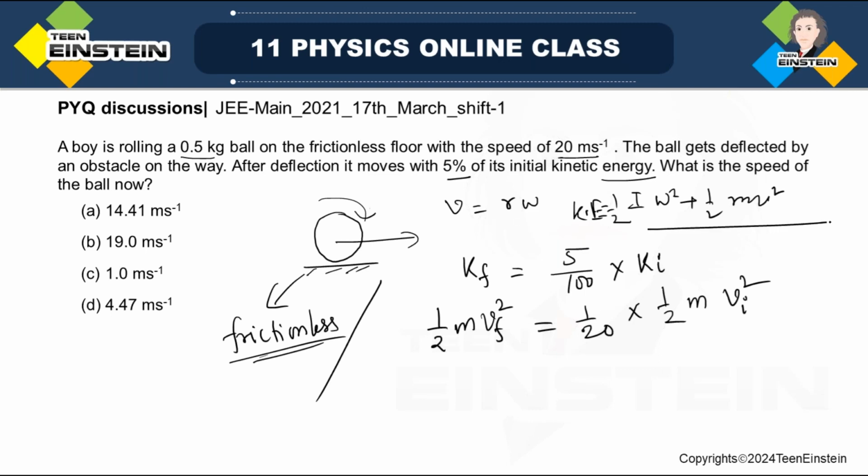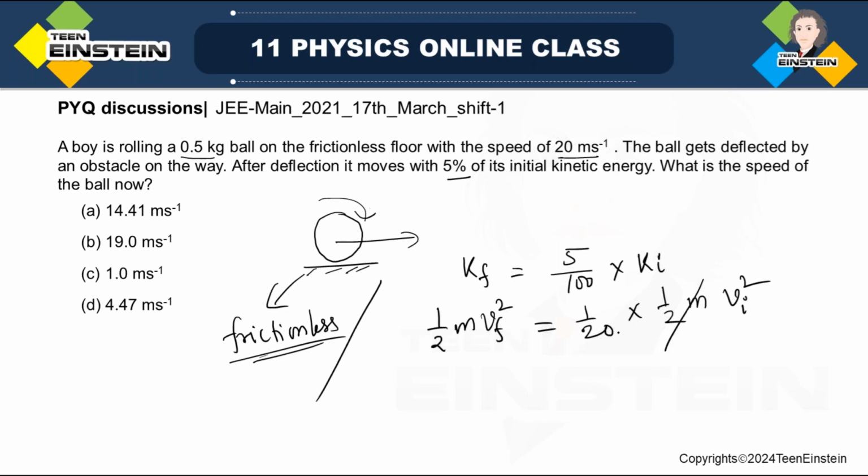Otherwise, in this case, since the floor is frictionless and there is no information about rolling with slipping or without slipping, we'll just take this kinetic energy as the translational kinetic energy itself.